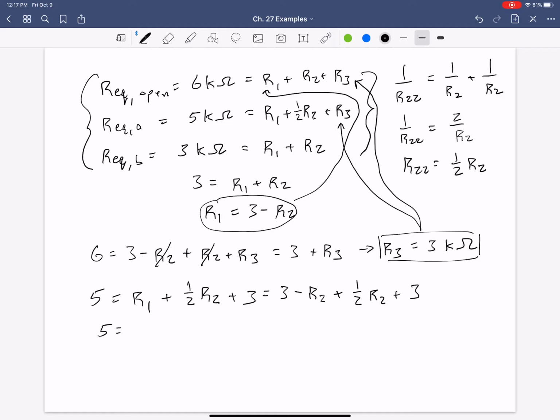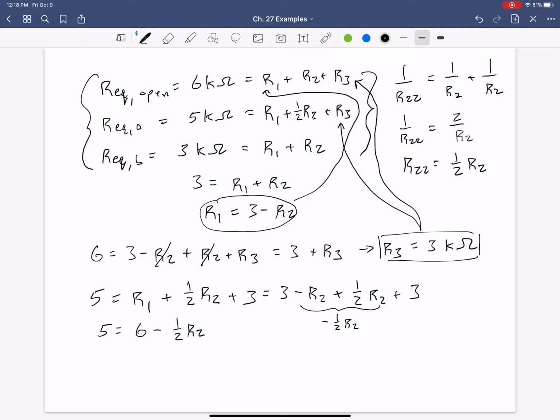We have 5 equals 6. Let's combine the R2 terms. This is minus 1 plus 1/2. Minus 1/2 R2.